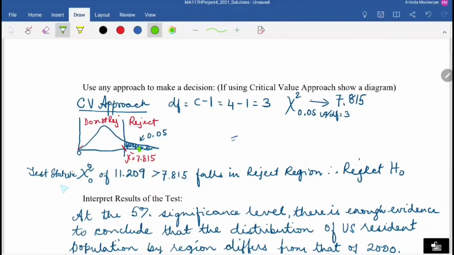But in addition, please write out that whatever your test statistic is greater or less than the critical value, and based on that you're taking the decision to reject or do not reject. All right, this is critical. I want to see that line there along with the diagram and the labelings and everything.